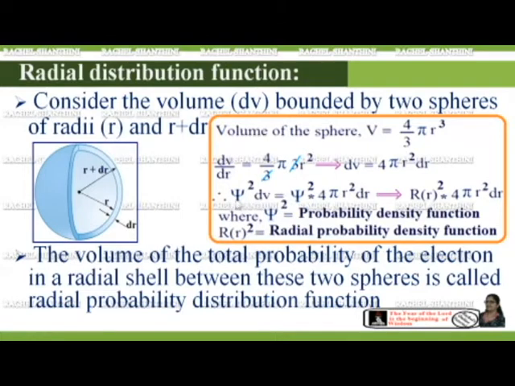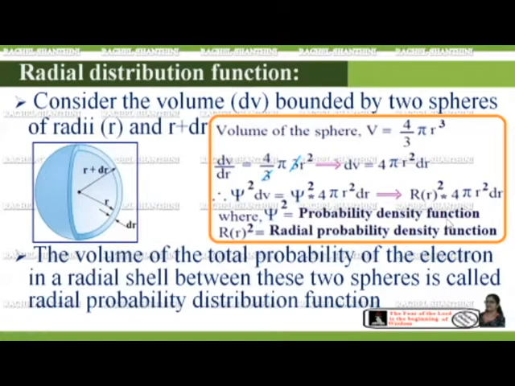Therefore, the probability of finding the electron in a given spherical shell around the nucleus is given by the expression psi square dV. We can substitute dV by the expression 4 pi r square dr. Now, we know that psi square is the probability density function.